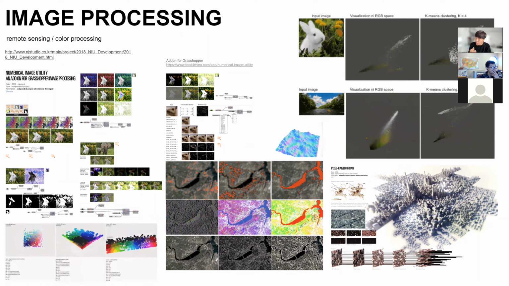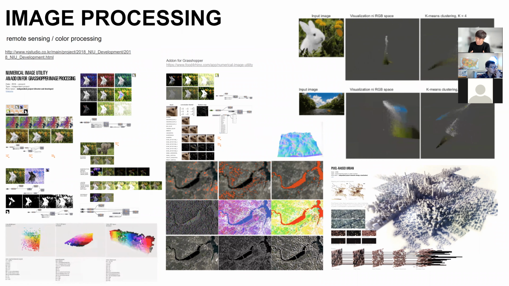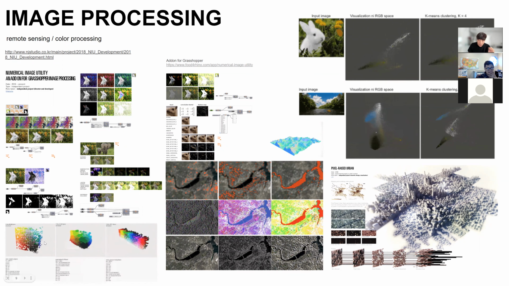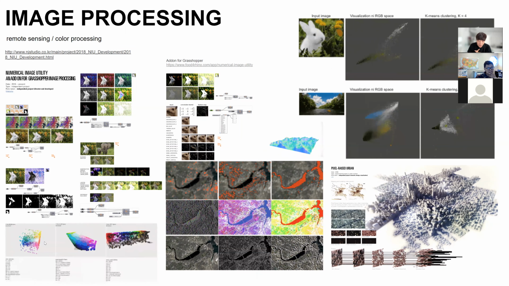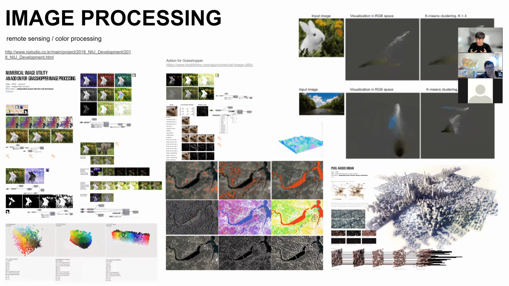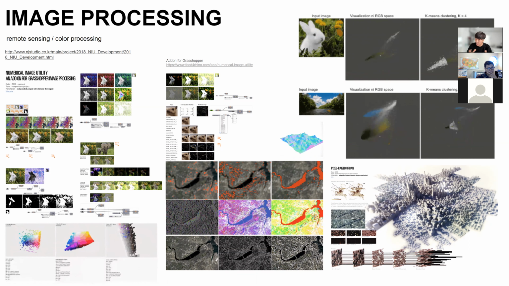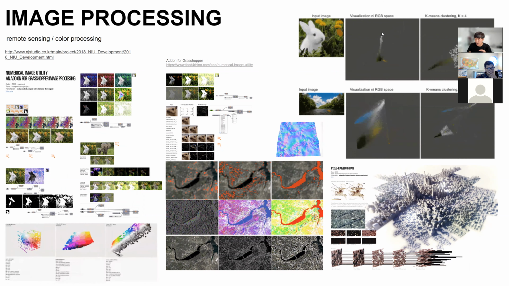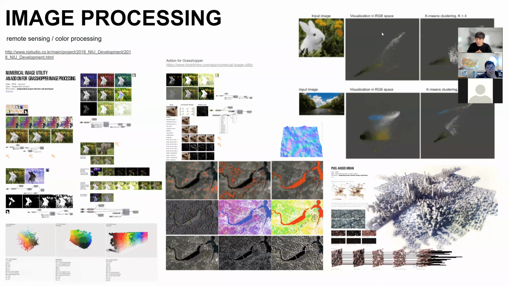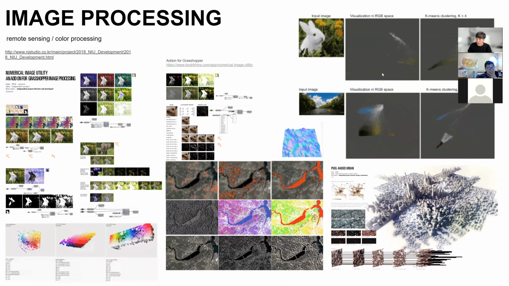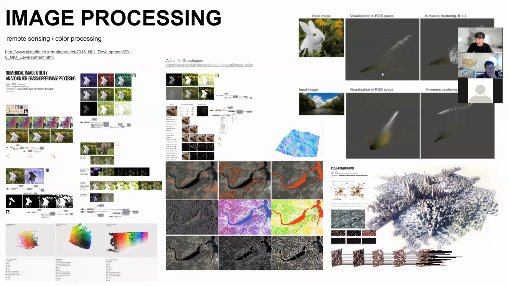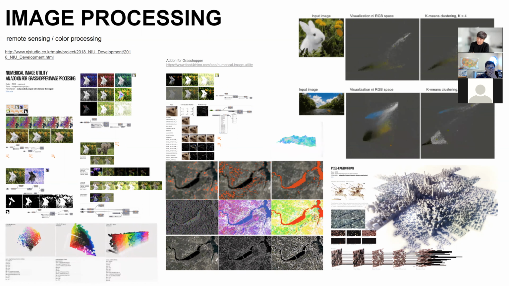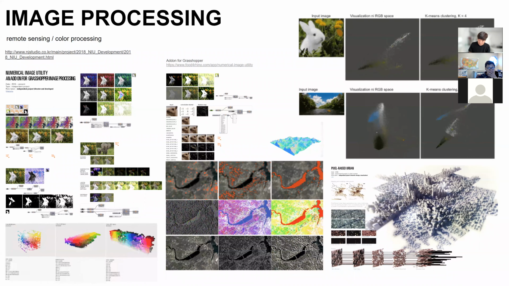Remote sensing is also about dealing with pixels. And color has different kinds of space, like RGB, hue saturation value, or LAB space. Each space has its own unique properties, and based on these properties we can apply KNN, which is very common and widely used in machine learning, to understand what the color means in the GIS context.